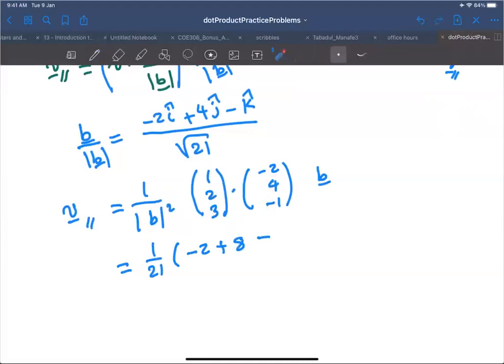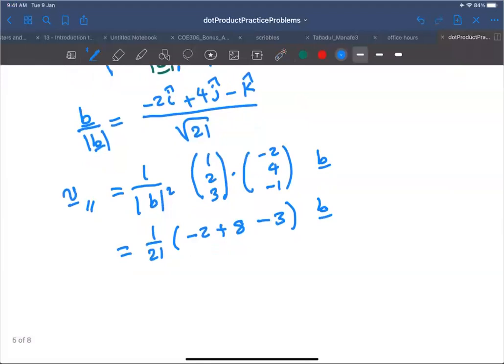So 3 times minus 1 is minus 3. And we have the B. So the final answer would be 8 minus 5, which is 3. So 3 over 21 is 1/7. So the answer here is B divided by 7.